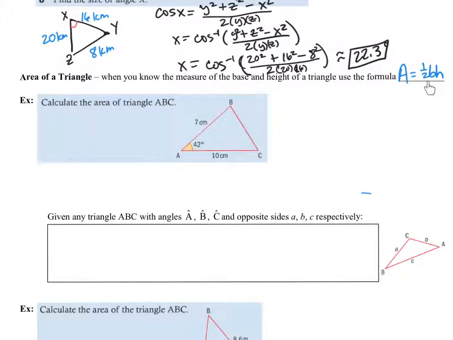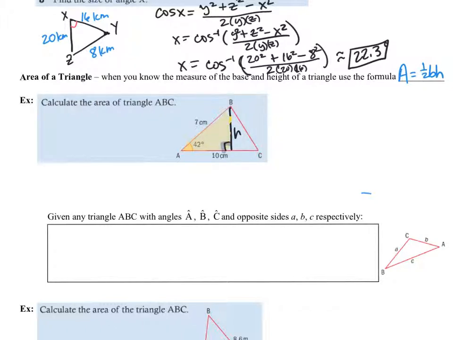Remember, a base and a height need to be perpendicular to each other. So if we use 10 for the base of this triangle, we're going to have to sketch a height, draw an altitude, let's call that H. We don't know what H is, but we can use trigonometry to find out what H is. Oops, I kind of wrote over my right angle, let me fix that.